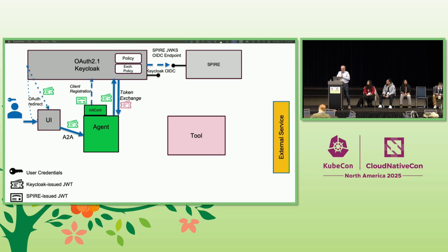And now the agent would be calling the tool, and the agent becomes the actor for this token. And of course, the user information is still preserved as the token subject. The protocol for communication between agent and tool is MCP. We used MCP streamable. So the tool receives the new token crafted just for it.